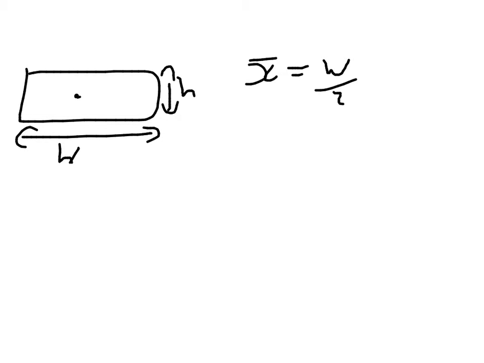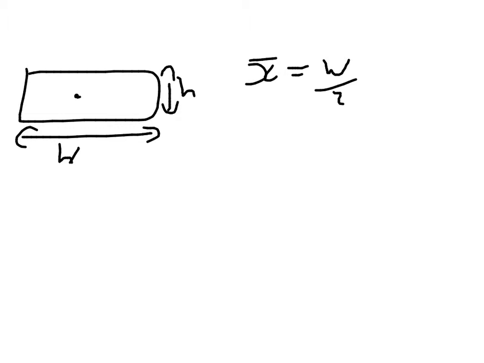That's a fairly easy one. On the website and through Blackboard, you can access a lot more common shapes, and they'll also be in the exam paper if you require them. Quarter circles, semicircles, circles, and it tells you where the x bar, the y bar position are, and it also tells you how to calculate the area.